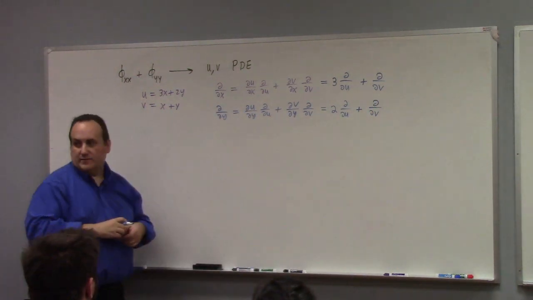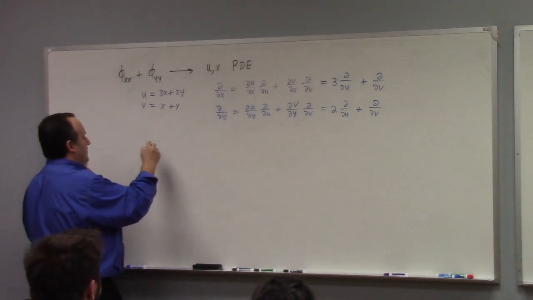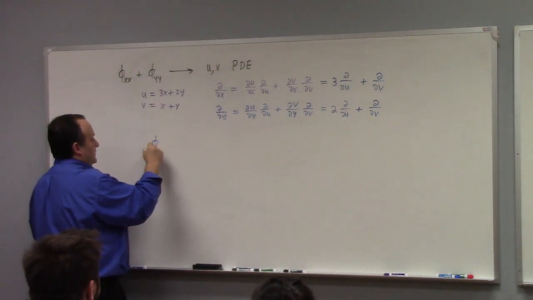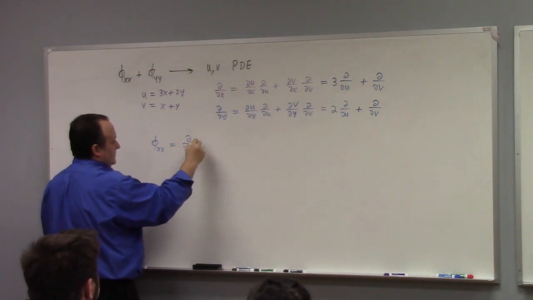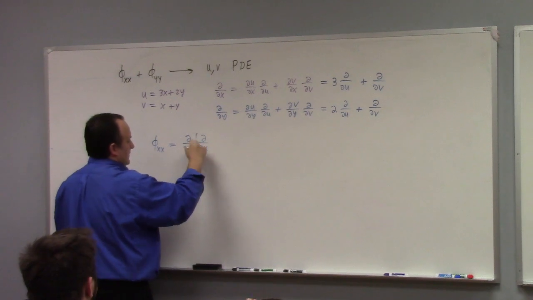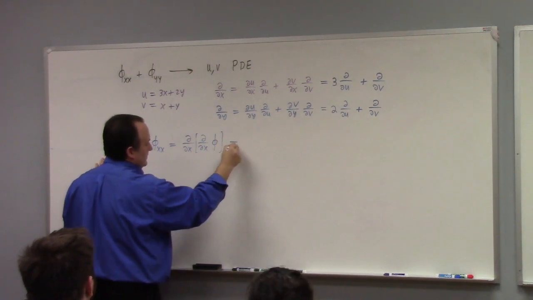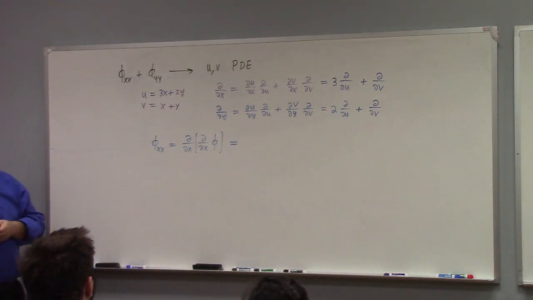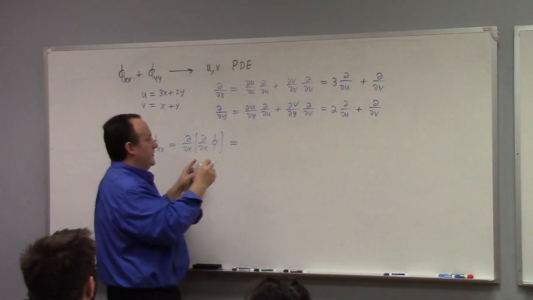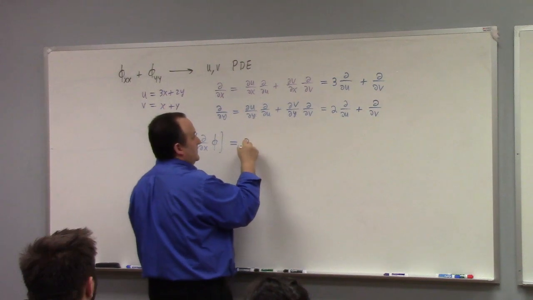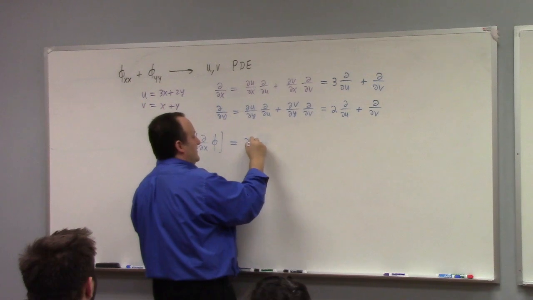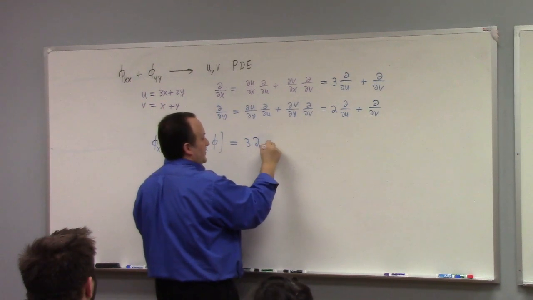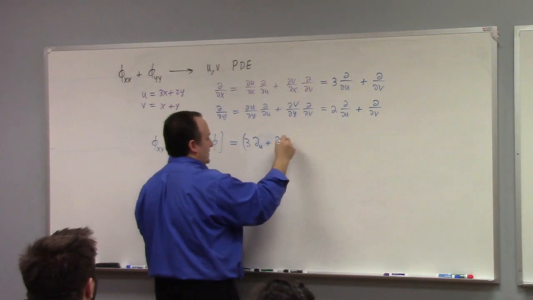Now all I have to do, it's very simple, is I come up here, for example, phi_xx, what is that? Well, that's partial x of partial x of phi. So I just trade out my partial x derivative for these guys. So I've got 3 partial u. I'm getting really tired of that notation. I'm going to flip over to the much easier to write partial u plus partial v, if that's okay with you guys.